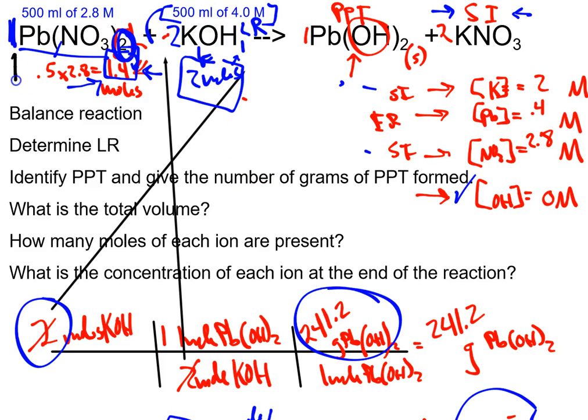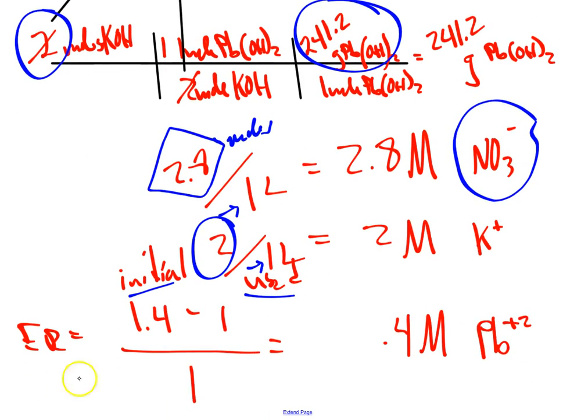For every one of these used, how many of these did I use? 2. So, how many did I use? I used 1. If there are 2 available to 1 available, I use 2 to every 1, which means I use half as much as I had here. We'll do it again. We'll do it again.